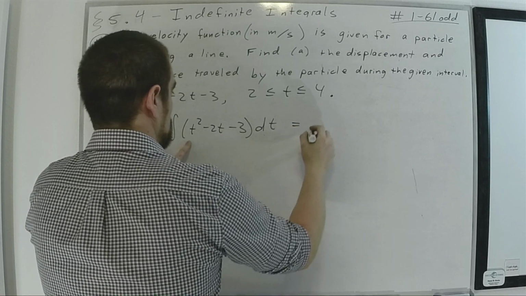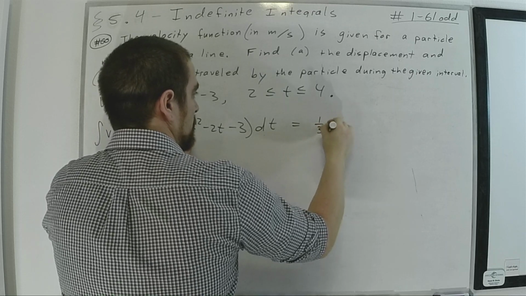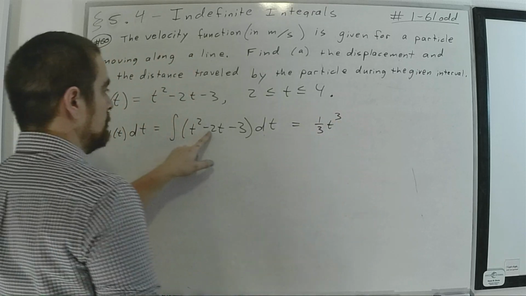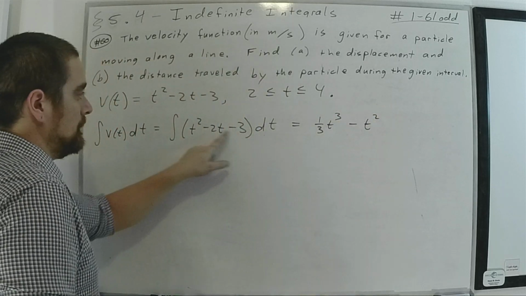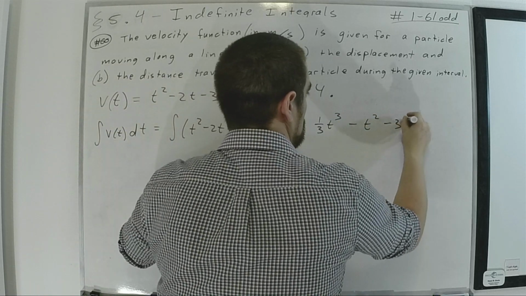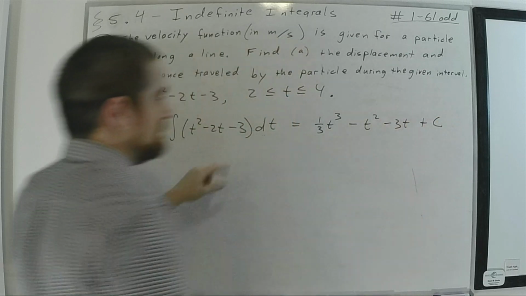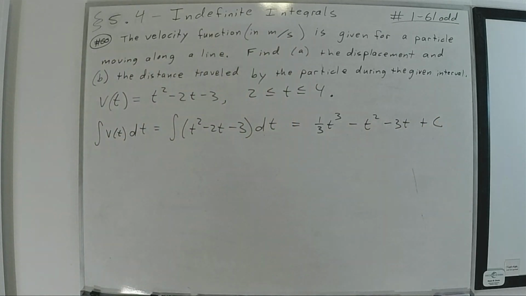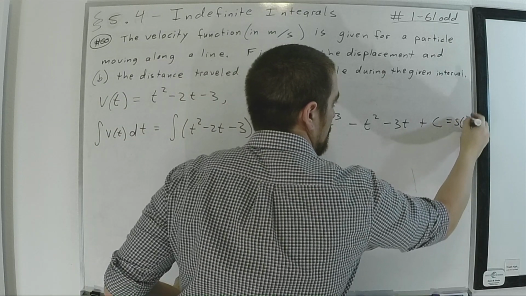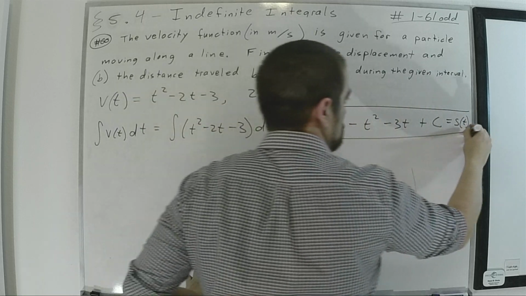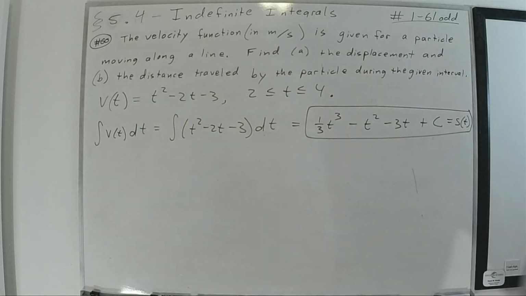So this will give us 1/3 t cubed minus t squared minus 3t plus c. So this will give us our position function, which again we usually denote s of t, just like that.